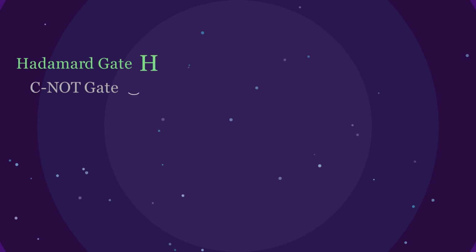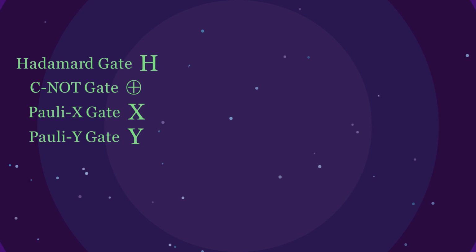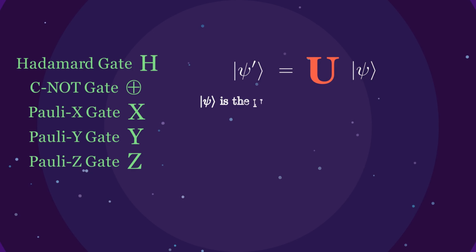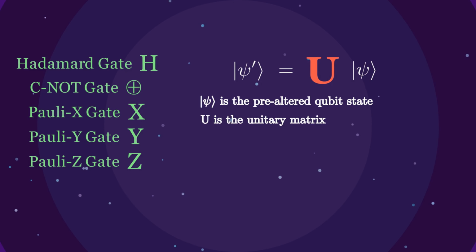Mathematically, each quantum gate corresponds to a specific operation on the qubit's state vector. The transformation is represented as a unitary matrix U. For a single qubit, this is written as: psi is the pre-altered qubit which is being operated on with the quantum gate, or the unitary matrix U, to give the transformed qubit state psi dash.